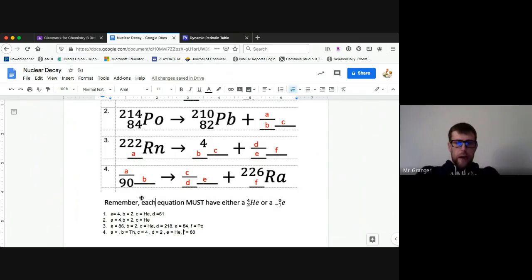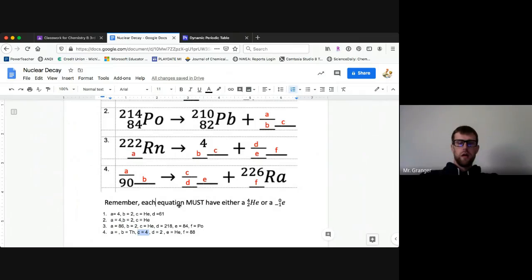So if we go back to letter A, we know that 226 plus the value for letter C will equal letter A. The value for letter C is 4 down here on the bottom of the Google Doc.